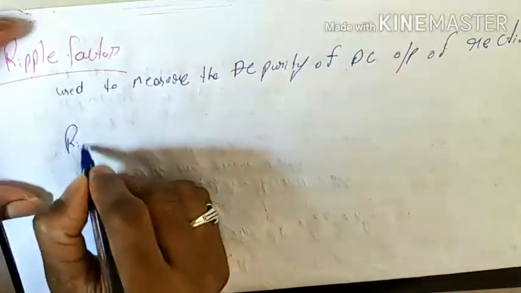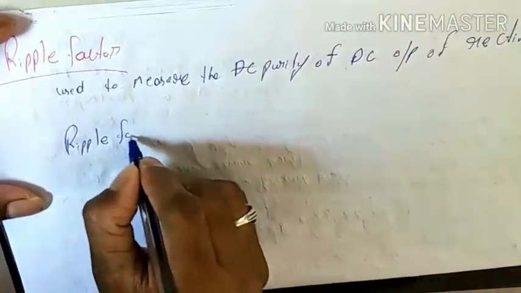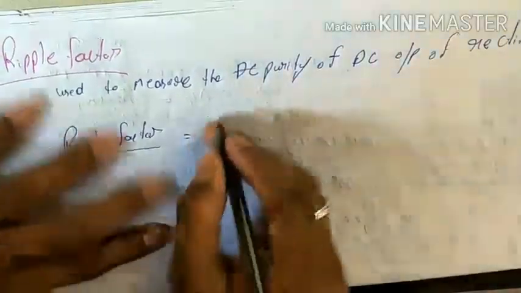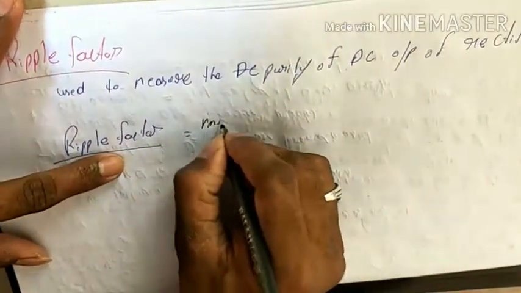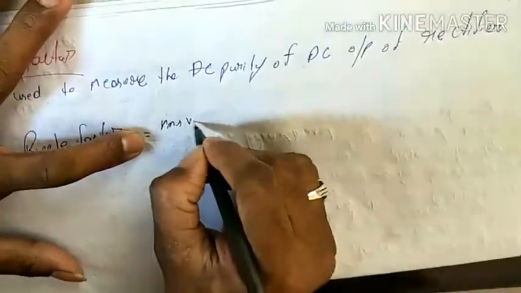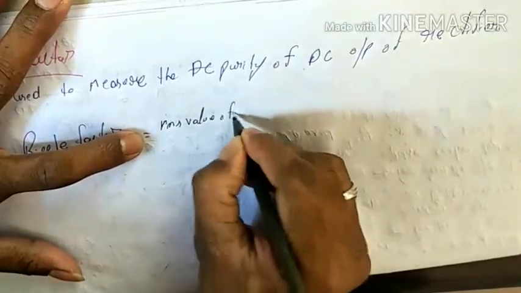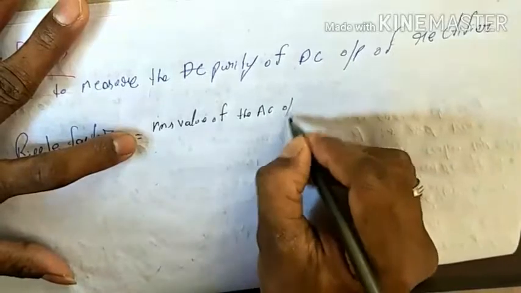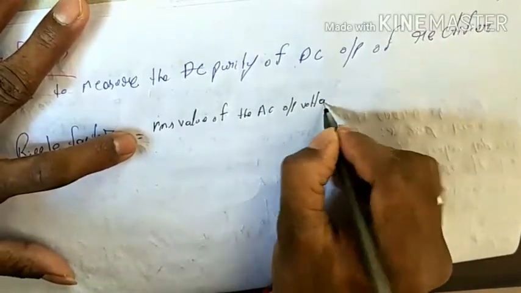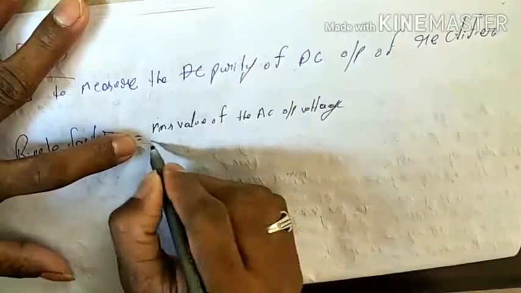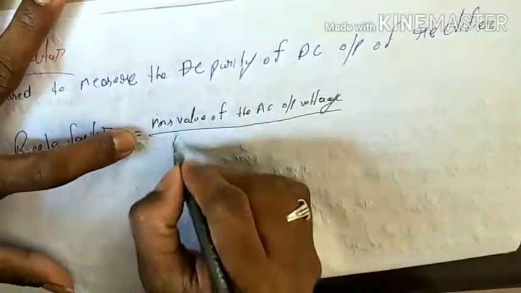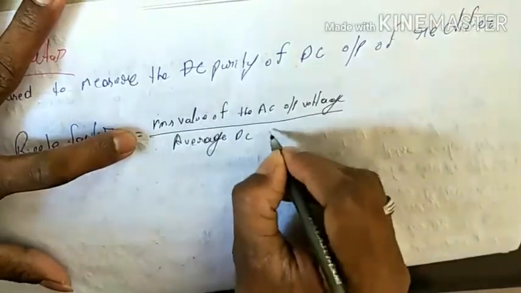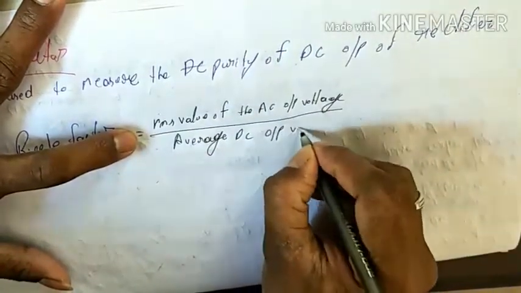Now we go to the formula of the ripple factor. What is the formula? RMS means root mean square. The ripple factor is the RMS value of the AC output voltage divided by the average DC output voltage.